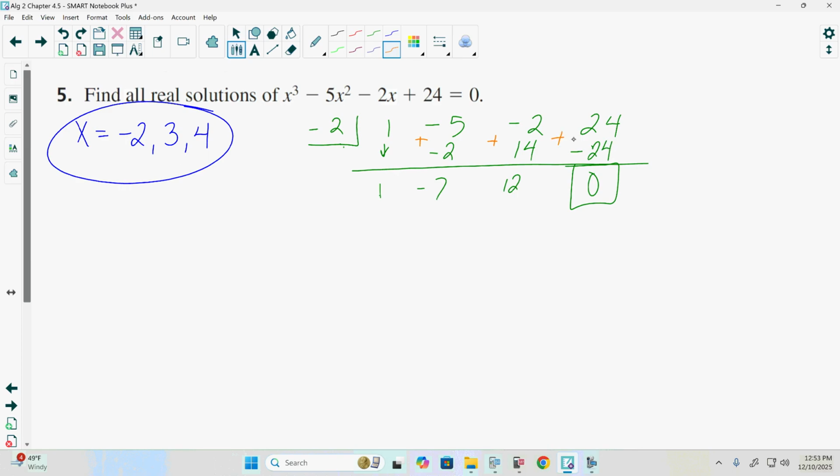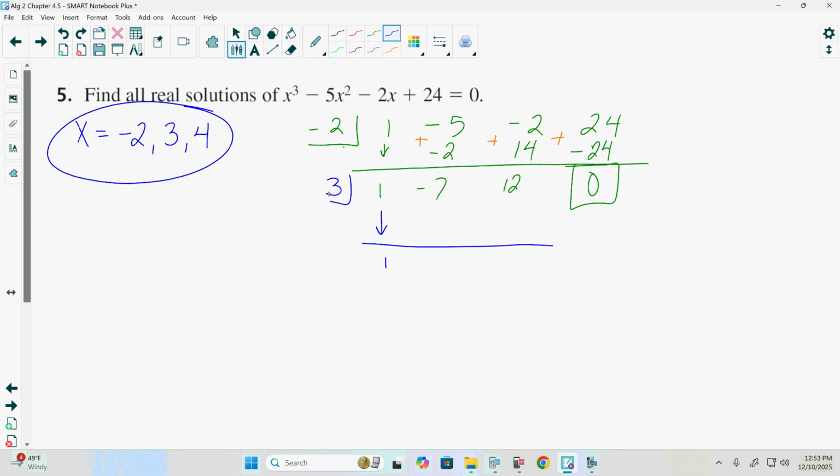And 24 plus -24 is indeed 0. Let's put that away for now. So again, it didn't tell us anything new. It just told us that -2 is a solution, and we knew it was a solution from the graphing calculator telling us that it's a 0.